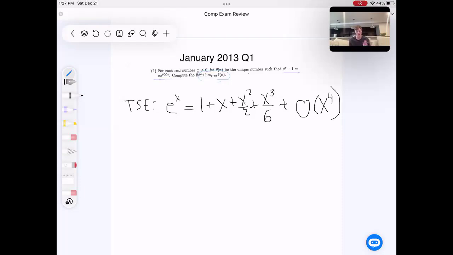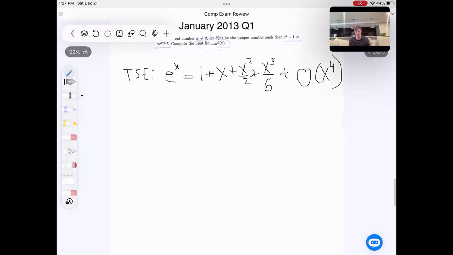So that is the Taylor series expansion, and we're actually going to substitute that into our equation, which I will write again. e to the x minus 1 is equal to x times e to the theta x times x. Awesome. So this is our initial equation, and we're actually just going to plug in the Taylor series expansion right on the left-hand side.